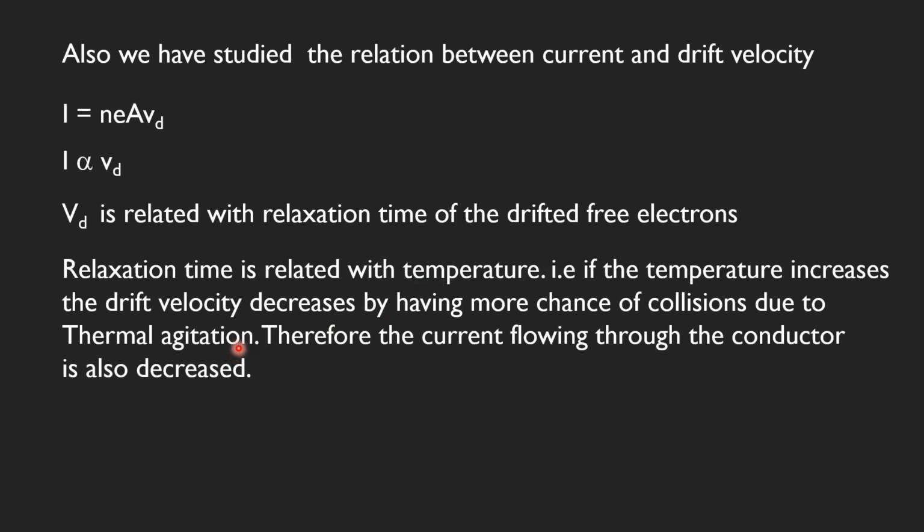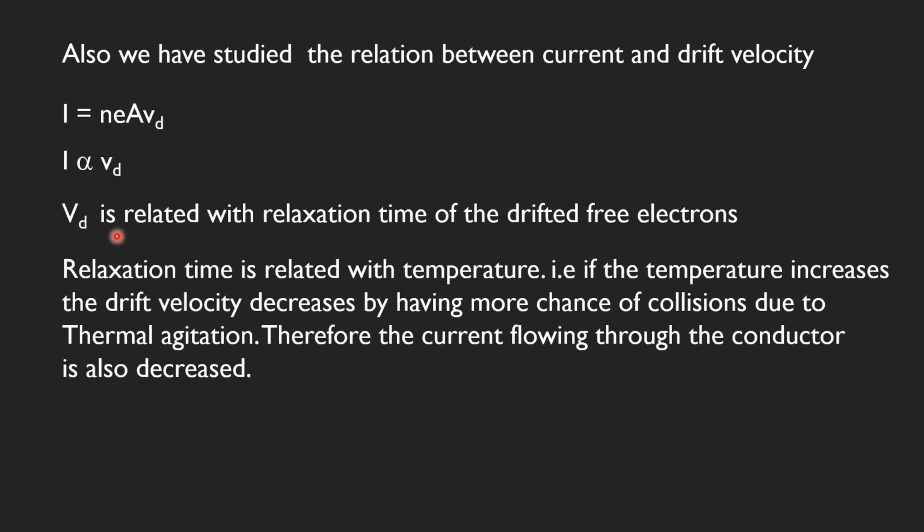The electrons and atoms inside the conductor absorb more and more heat energy, which is applied to the conductor in the form of heat, and due to which there will be thermal agitation, and there will be a chaotic situation inside the conductor, so that the path of the electron from one end to another end will not be very smooth. There will be more collisions, and the current flowing through the conductor is also decreased.